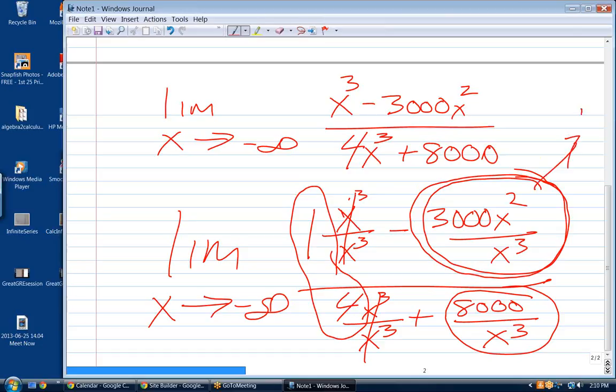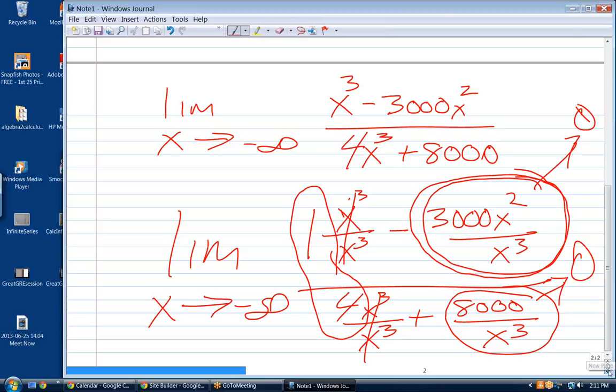Same with this term, whether the denominator is going to positive infinity or negative infinity. And in these terms here, the x's cancel, so you're really left with a number, 1/4, and it doesn't matter whether x is going to positive or negative infinity.